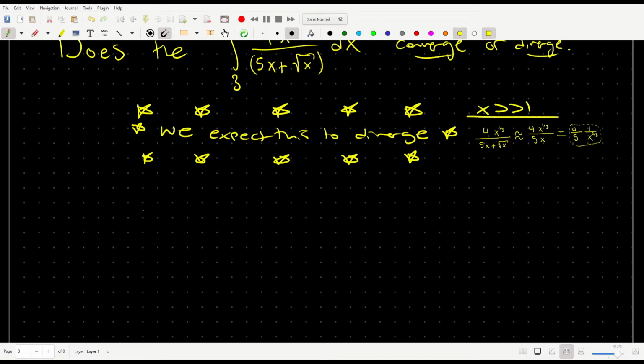What we're going to do is look at the limit as x goes to infinity of our function f of x over the comparison function.